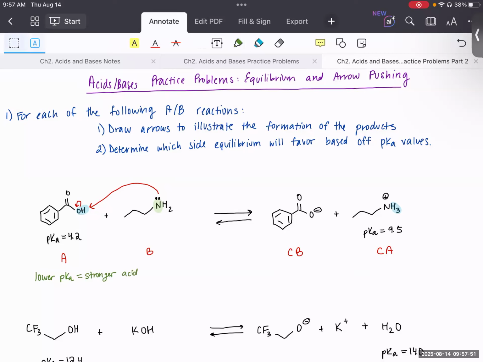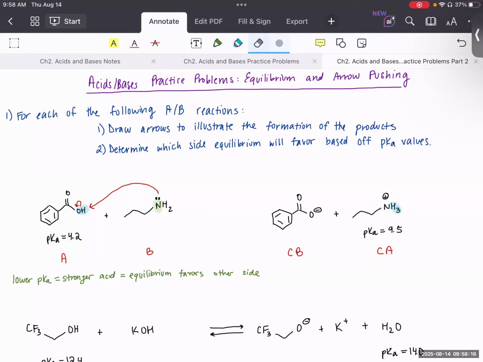And if it's a stronger acid, that means it wants to react more than the other one, which means that the equilibrium favors the other side, the weaker acid. And so if we were to redraw our equilibrium arrows in the middle here, we want to show the longer arrow pointed to the right and the shorter arrow to the left.